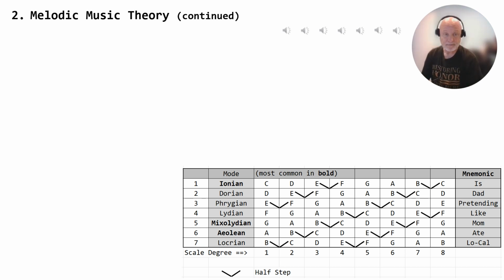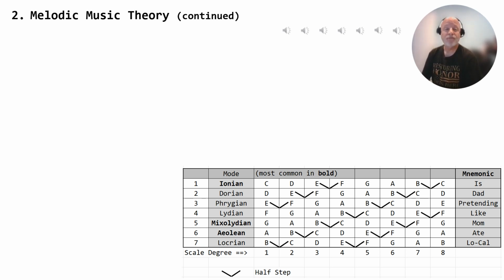So I initially wasn't going to put any sound samples of these modal scales, because each starts on a different note, and so it's a little hard to compare them when each scale starts on a different note.